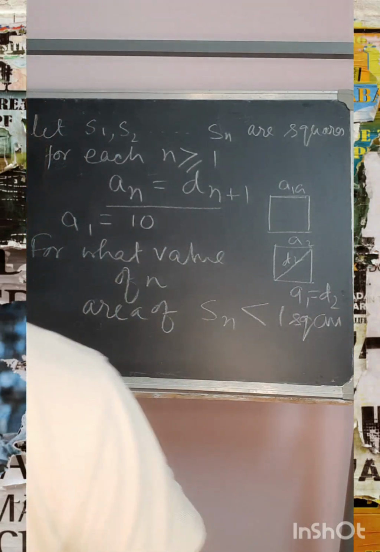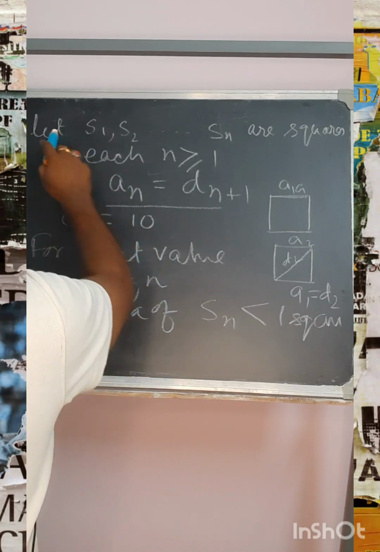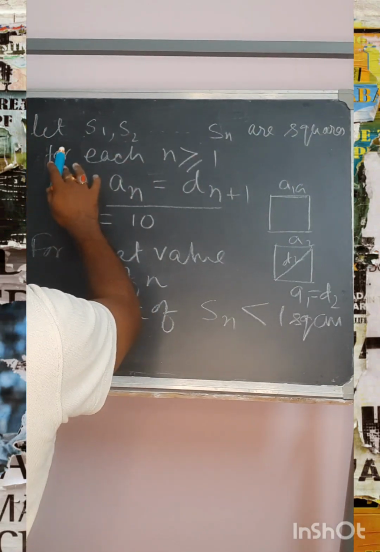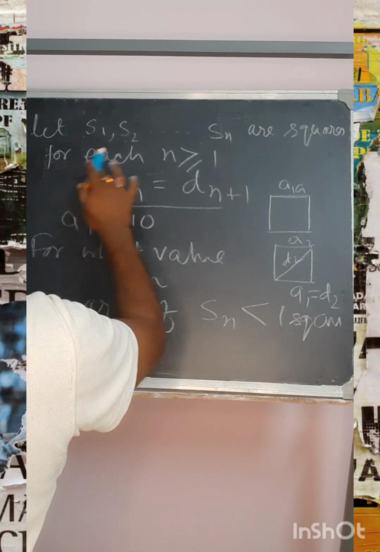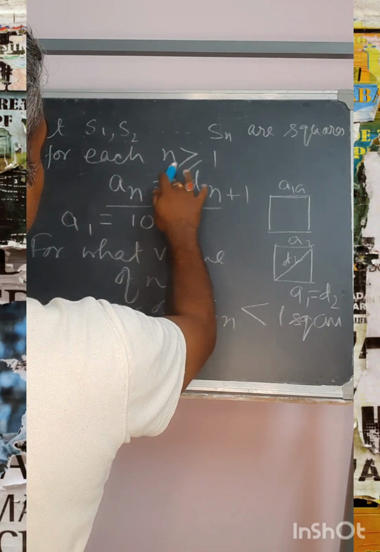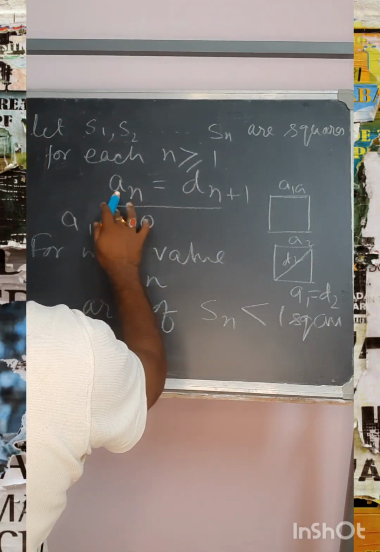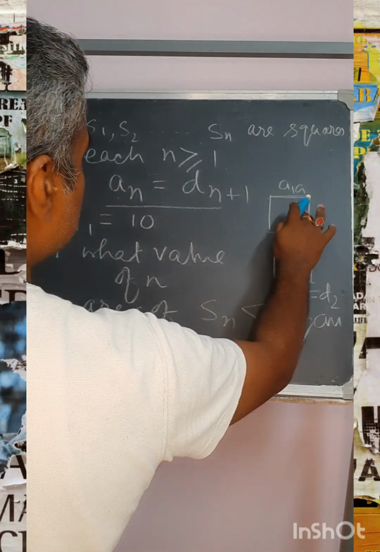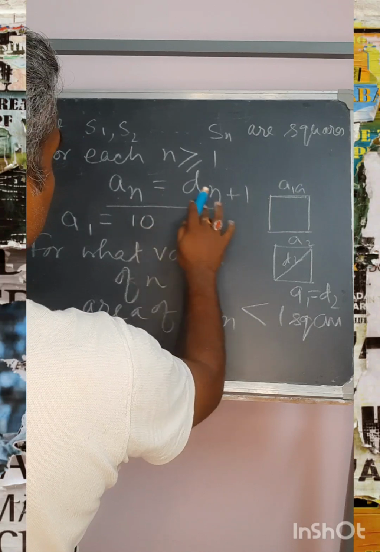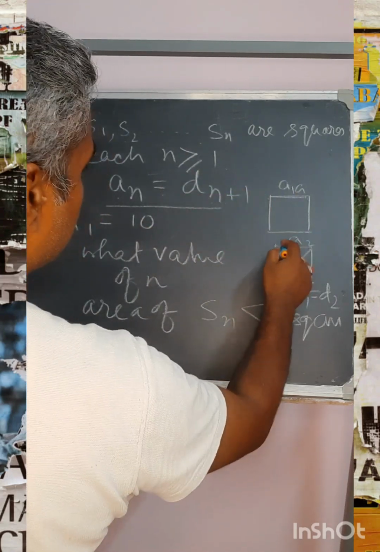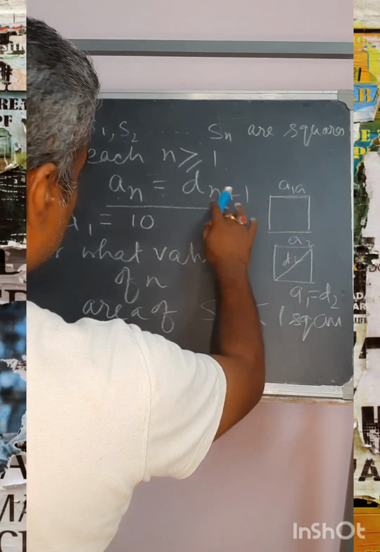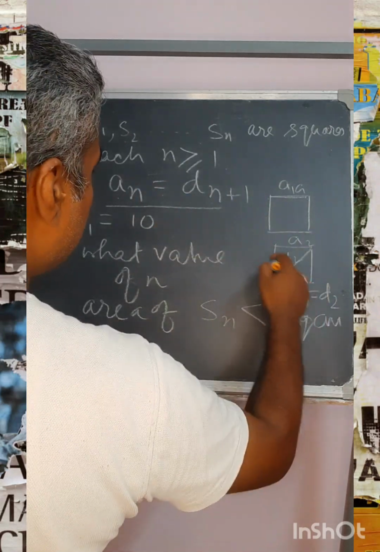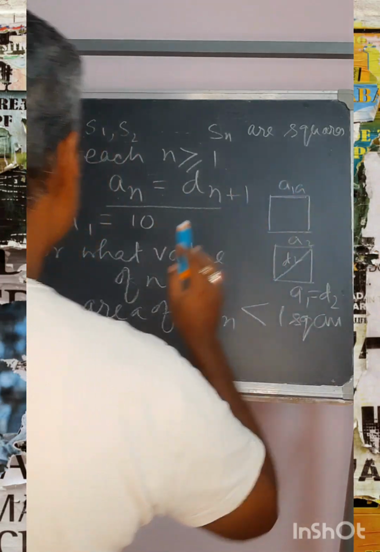This is your task. Let me repeat again. S1, S2, S3 are squares in a system where for any n greater than 1 this relation follows: the arm length of the first square is equal to the diagonal length of the next square.